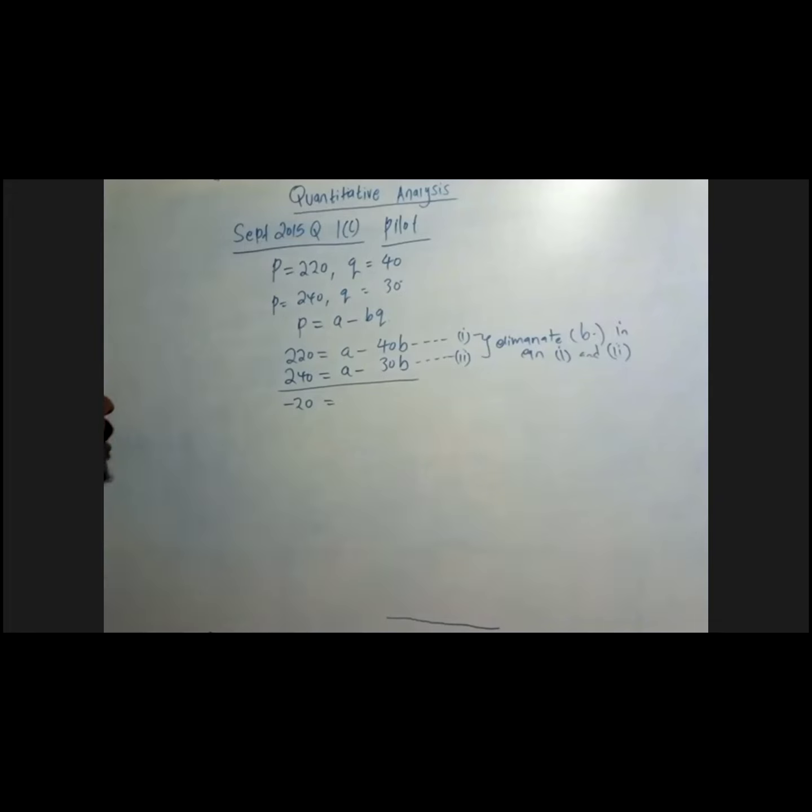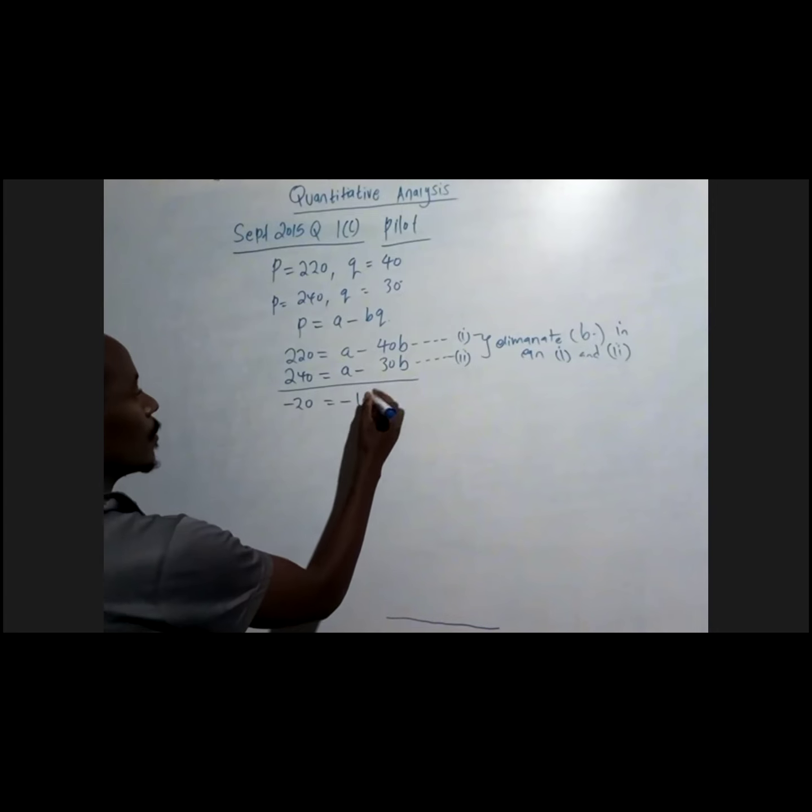A minus A is 0. Then you have minus 40 minus 30, that becomes minus 10b.